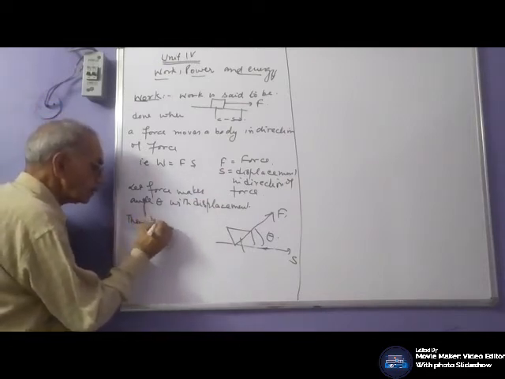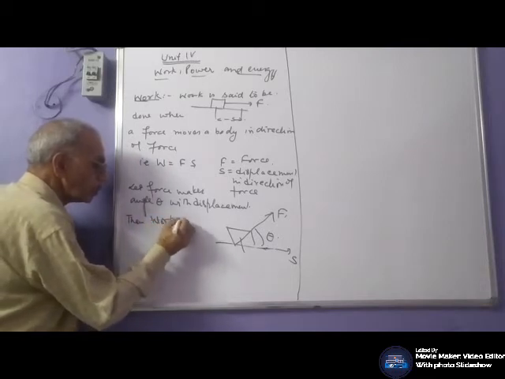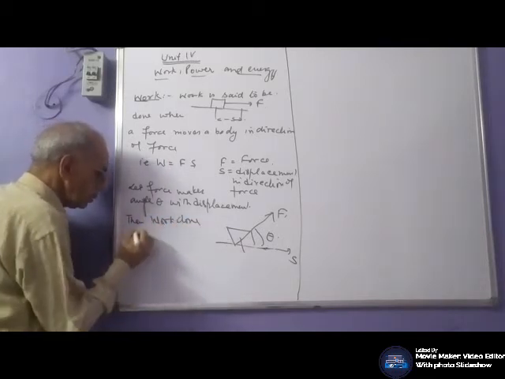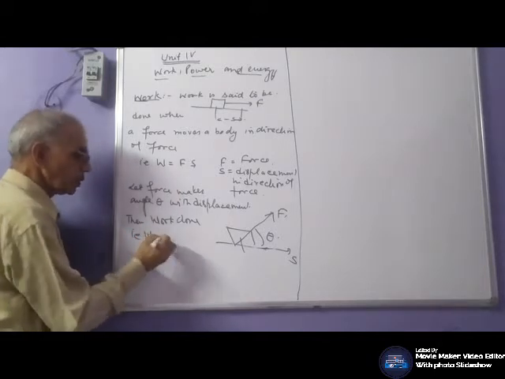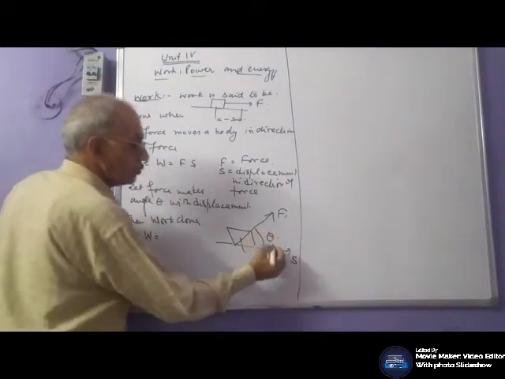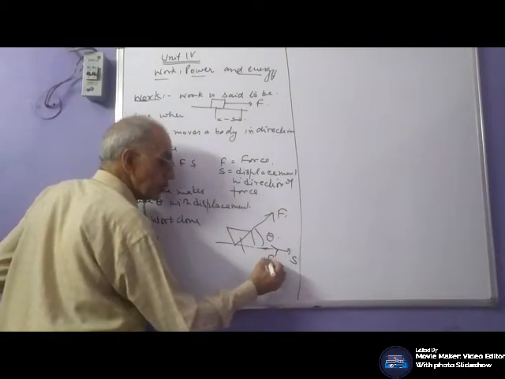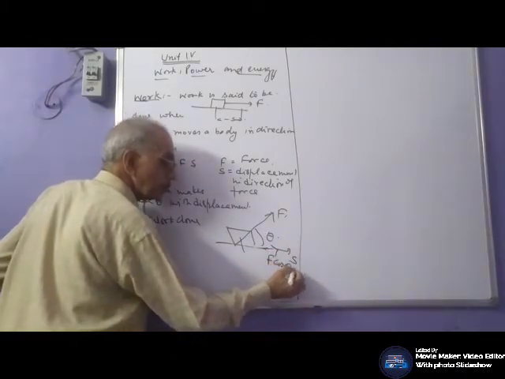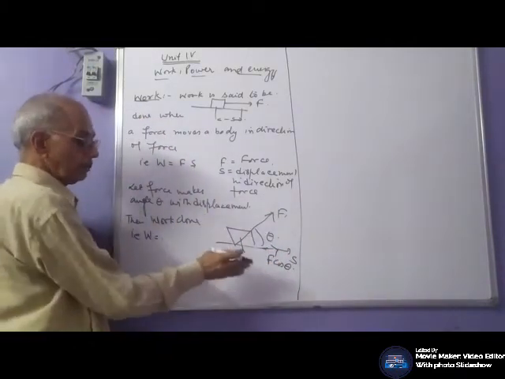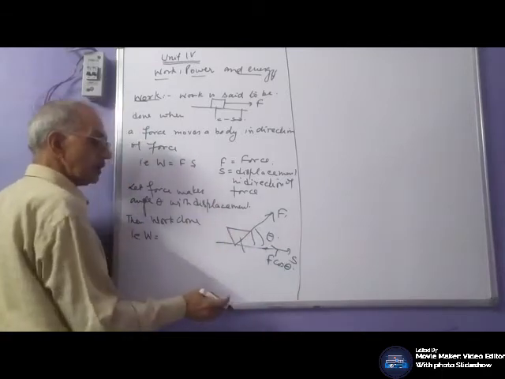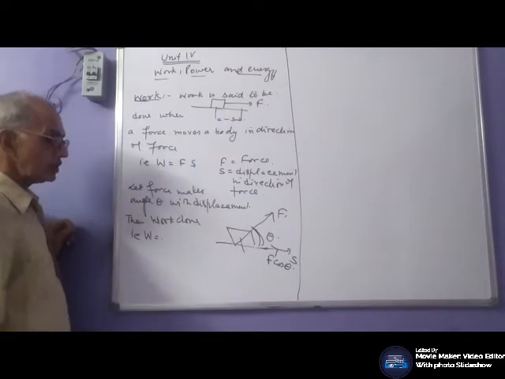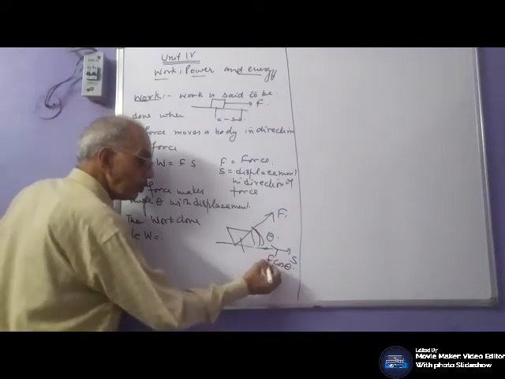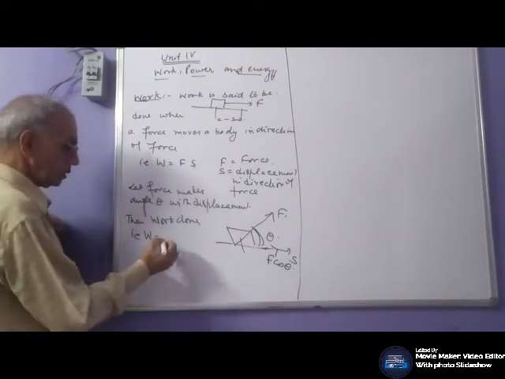Then work done, that is W. Take this force in direction of displacement. This will be F cos theta. Resolve: in this direction it is F cos theta, in this direction it is F sin theta. We require force in direction of displacement.